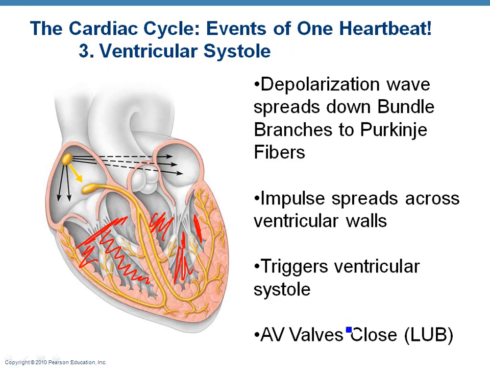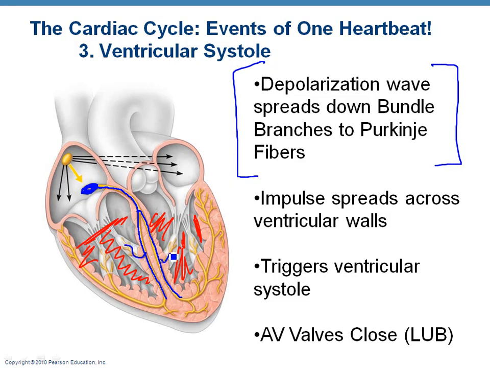First of all, the depolarization wave that bottlenecked over here at your AV node, it's now going to spread into that bundle of His, down the bundle branches in your interventricular septum, that wall between the ventricles. And then there are branches of this that extend up into your papillary muscles, as you can see there.